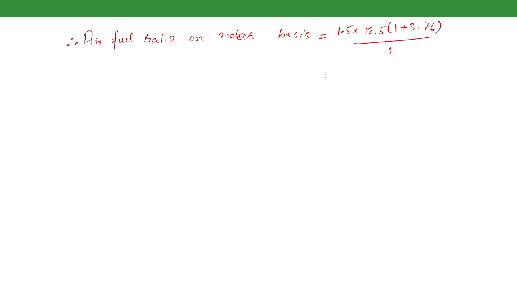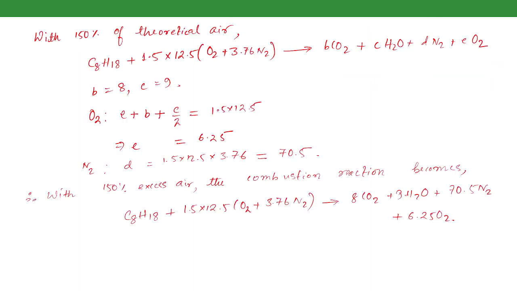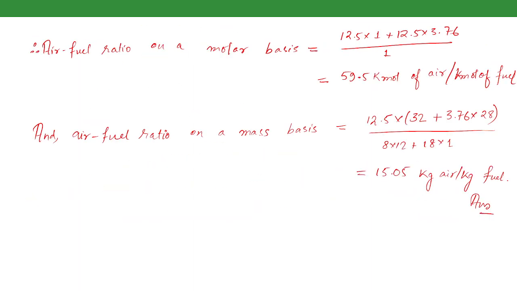So this will basically be 89.25 per kilomole of fuel, and this value is essentially just 1.5 times of what we had obtained previously, that is 59.5.